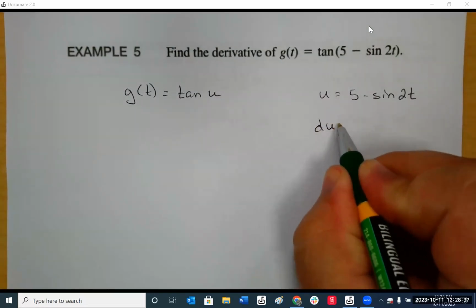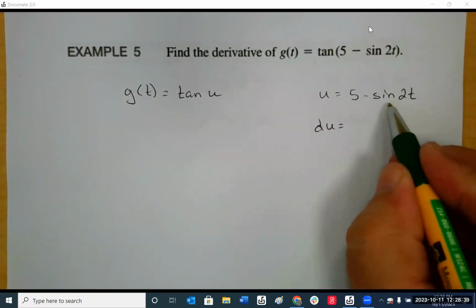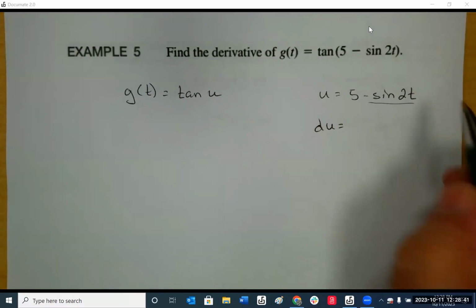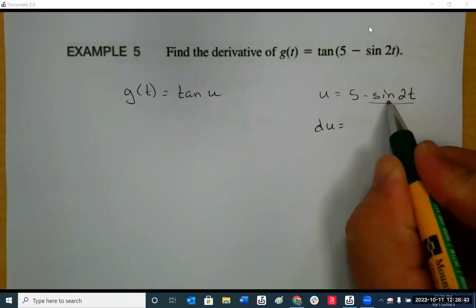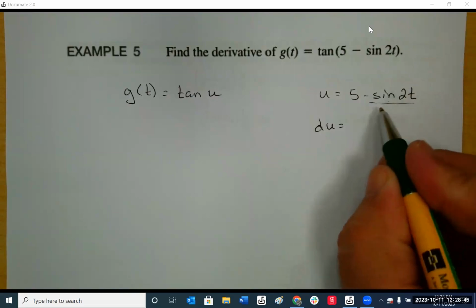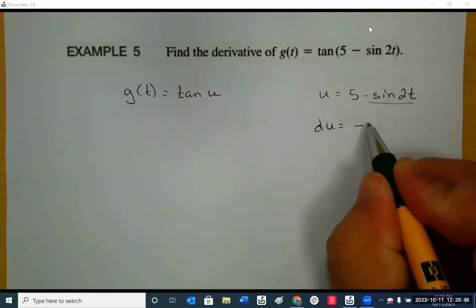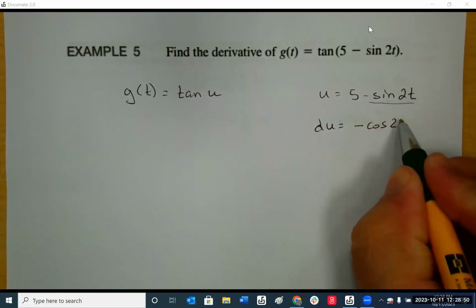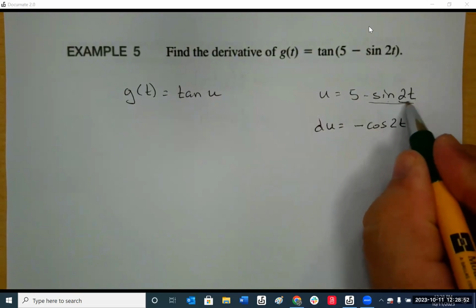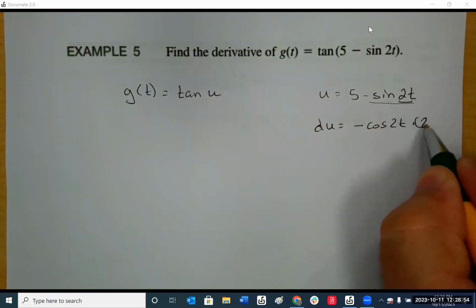So du, we have to take the rule of this one. This one is also a sine of u, so the derivative of sine is cosine times the derivative of 2t, which is 2.